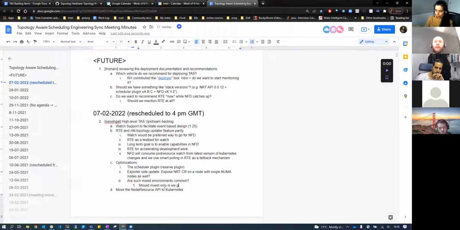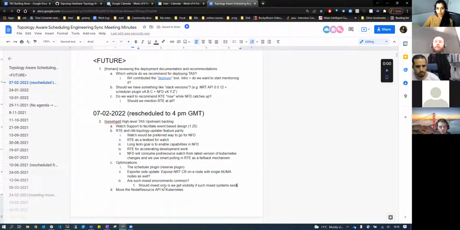For example, we don't have a business case where we need to choose between a single NUMA worker node or a multi-NUMA worker node.